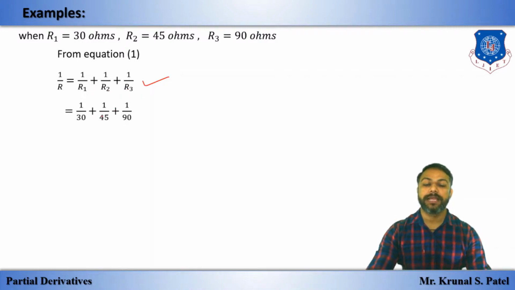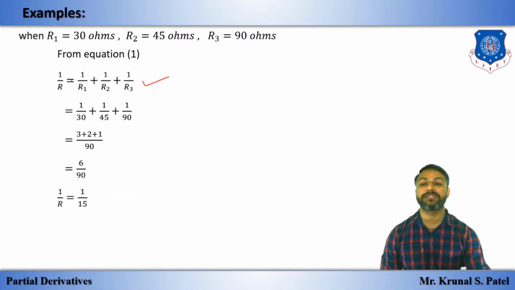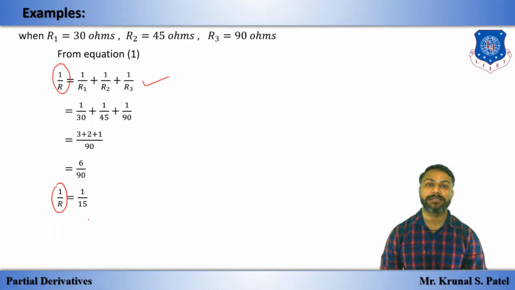We have this, and by taking LCM 90 and simplifying, we have 6 by 90, and by cancelling we have 1 by 15, but 1 by 15 is the value of 1 by R. So that means R is equal to 15.